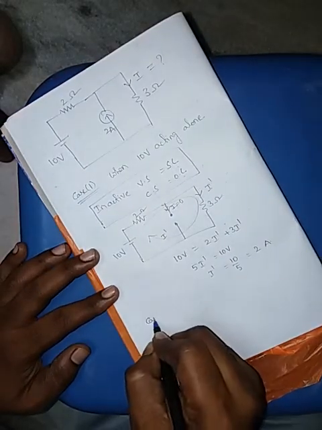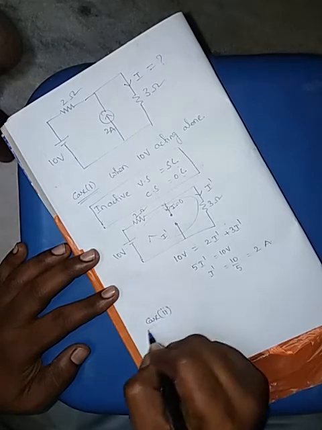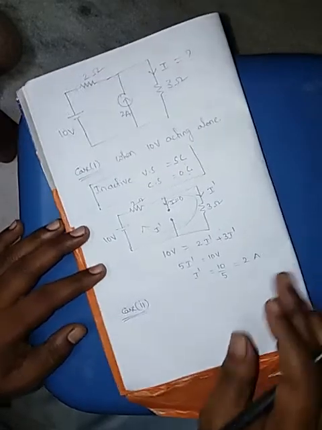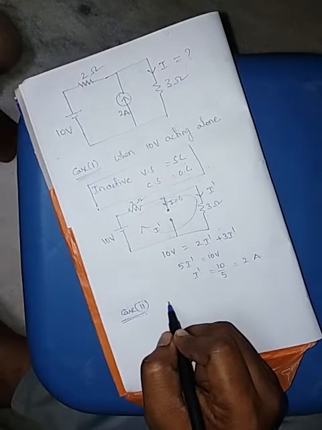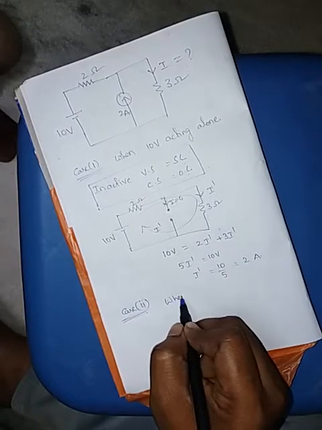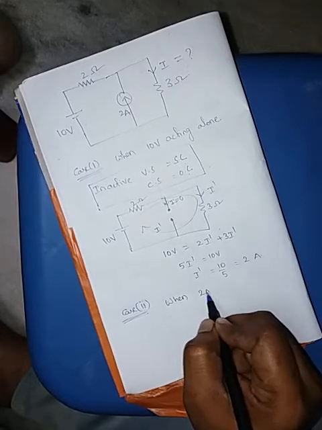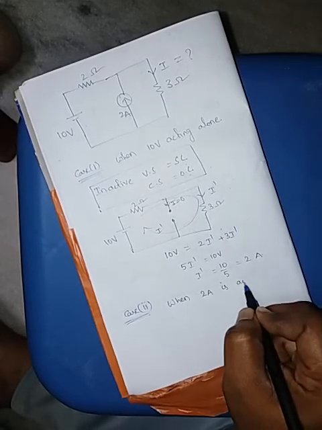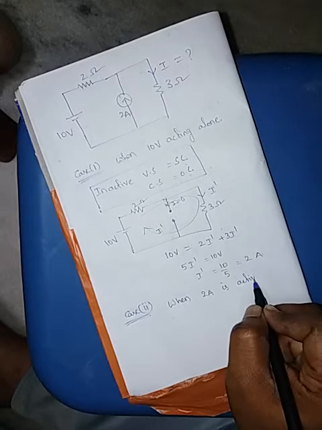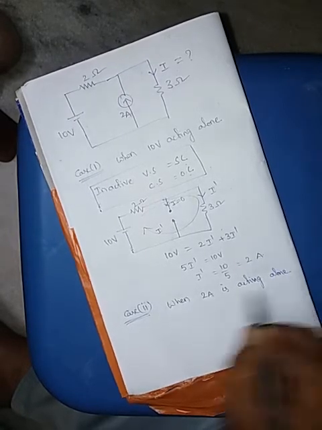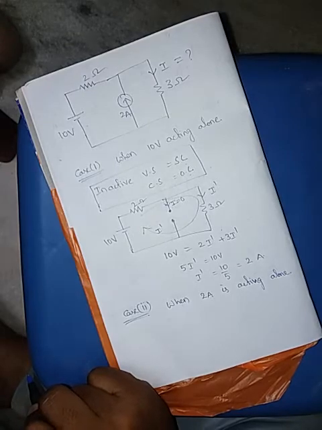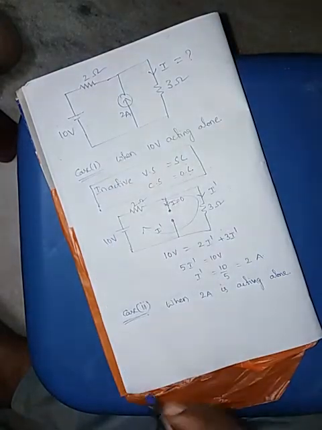Now case 2. In case 2, when the current source is acting alone, that is when 2 amps is acting alone, how do you apply it?